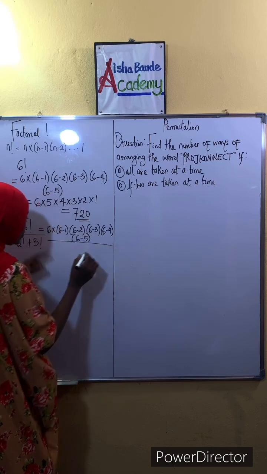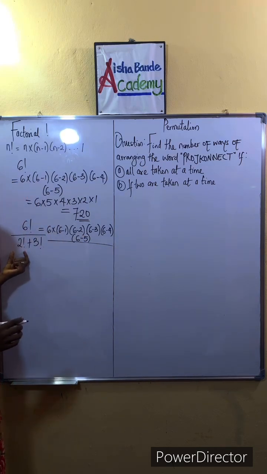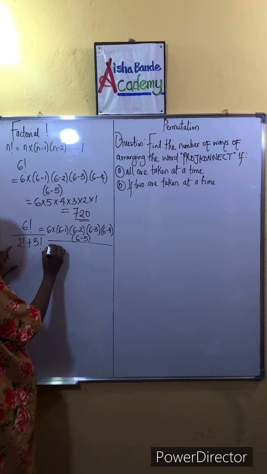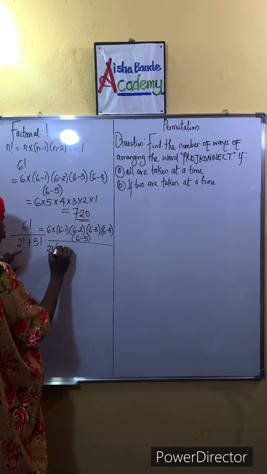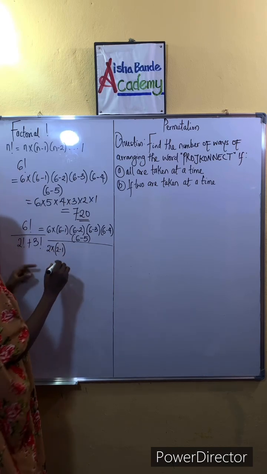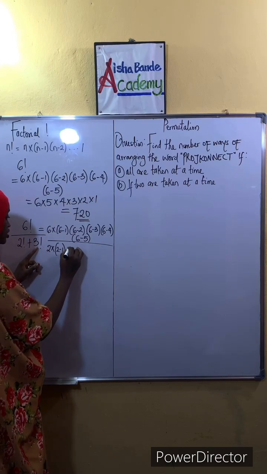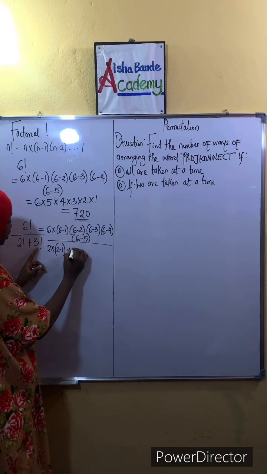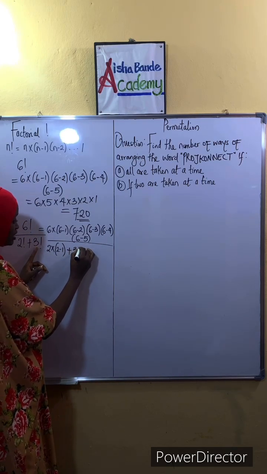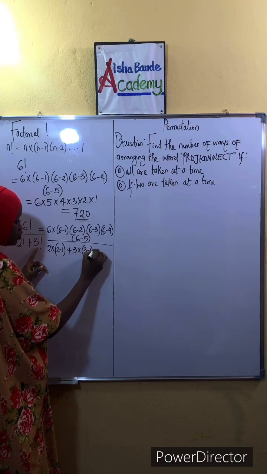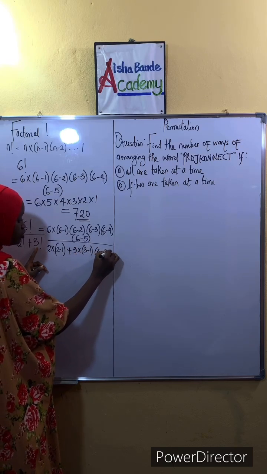This is for the numerator. Now let's go to 2 factorial. That means our n here is 2, so this is going to be 2 times (2 minus 1). Then plus 3 factorial, where n is 3, which is 3 times (3 minus 1) times (3 minus 2).